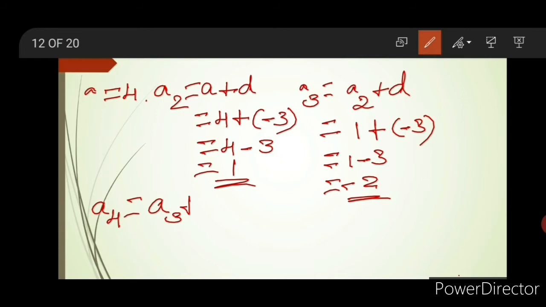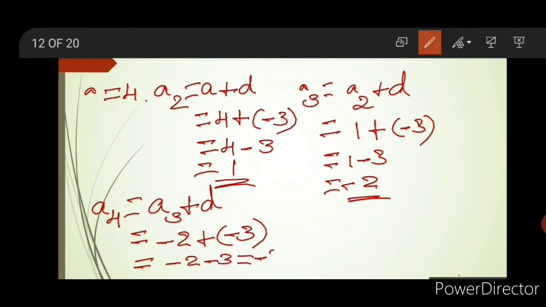Previous term plus common difference. On adding these two, we get A3, minus 2, plus common difference minus 3. Then on simplification, minus 2 minus 3 is equal to minus 5. So, the first four terms of the given AP are 4, 1, minus 2 and minus 5.